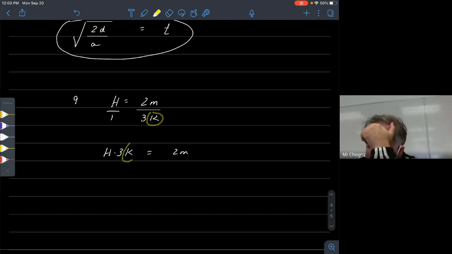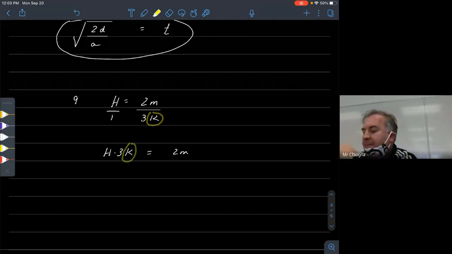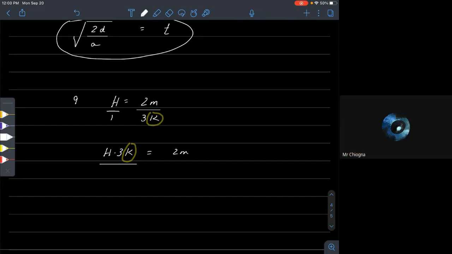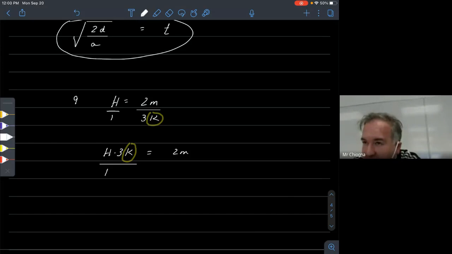This is a reminder. I'm trying to solve for the k. H is just a number like 3. Just like in algebra, I can divide by 2 numbers all at once. I can divide the H and the 3 out all at once, just one number when you multiply them together.